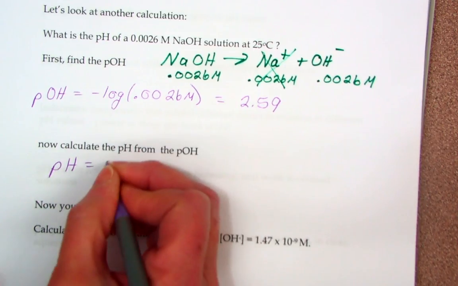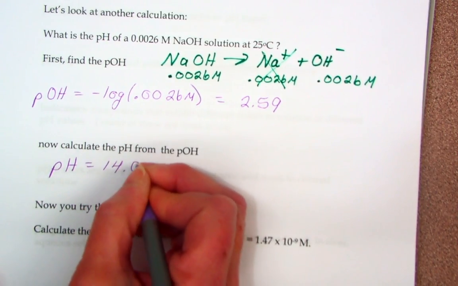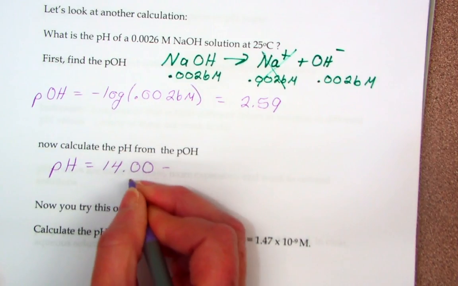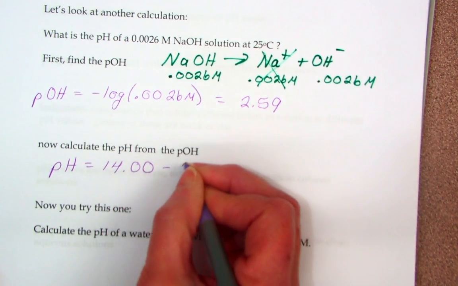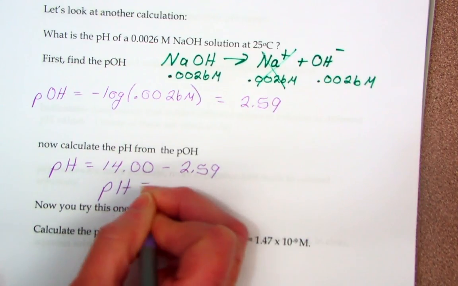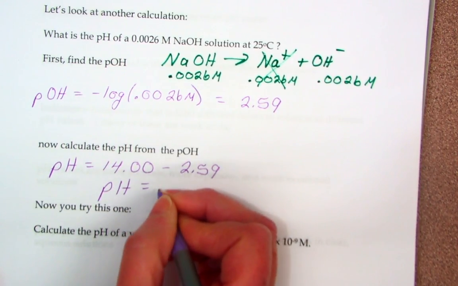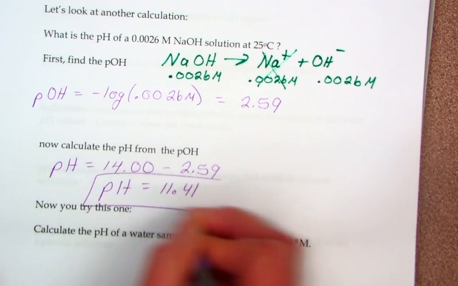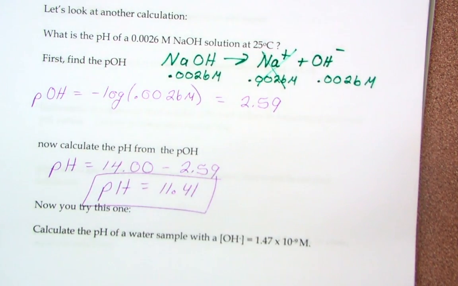I assume I'm at 25 degrees Celsius because I didn't say otherwise. So pH is pKw 14 minus 2.59. So the pH is equal to 11.41. And it is greater than 7, and it's basic, which is what I would expect.